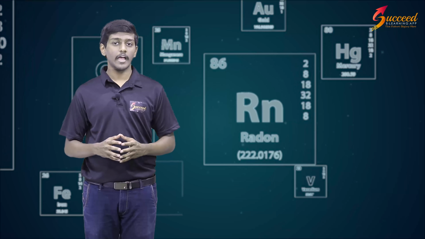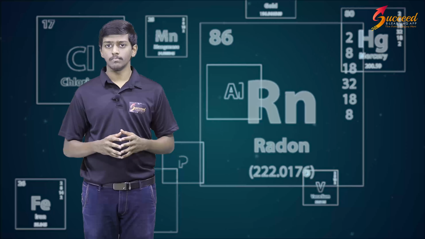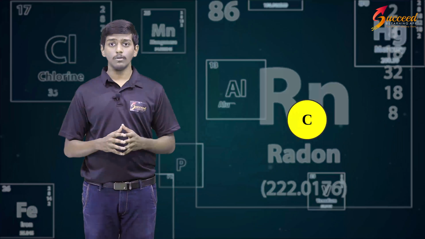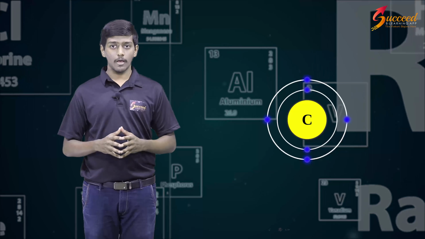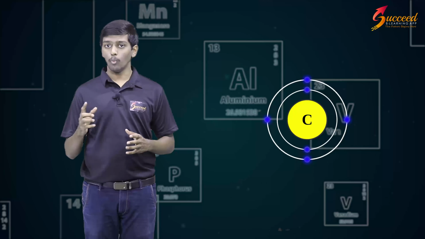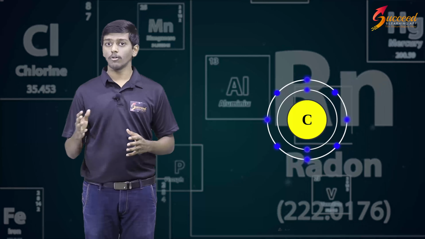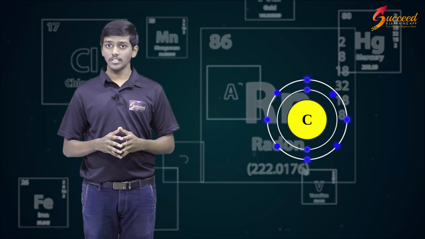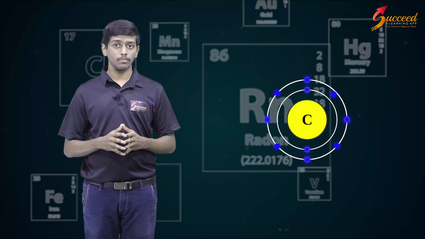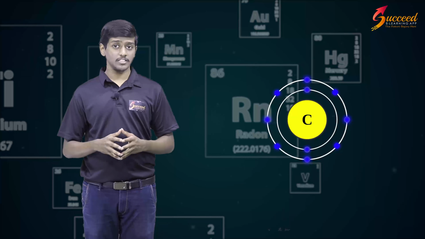In nature, every element tries to attain noble gas configuration. Similarly, even carbon tries to attain noble gas configuration. This may happen in two ways. 1. It can gain 4 electrons and become C4 minus anion. But this is not possible because 6 protons of carbon have to hold 10 electrons around it, which is unstable.